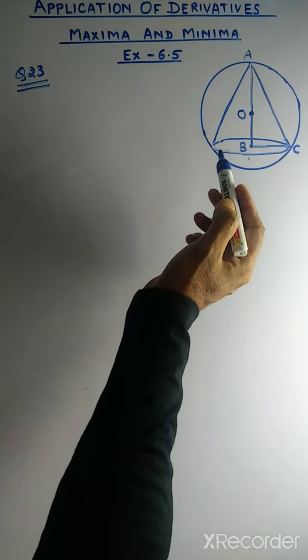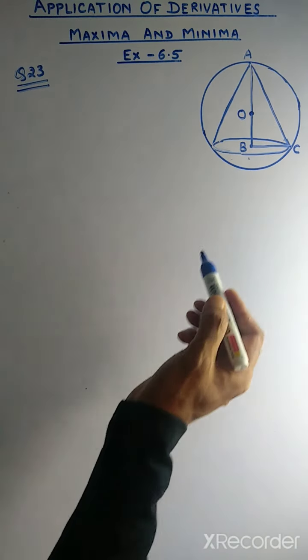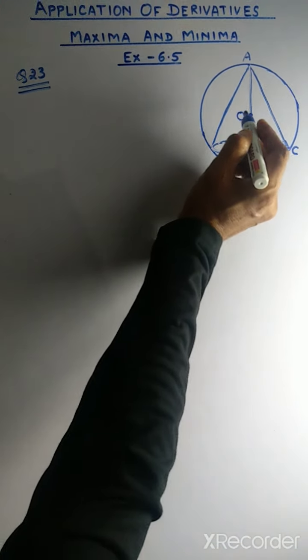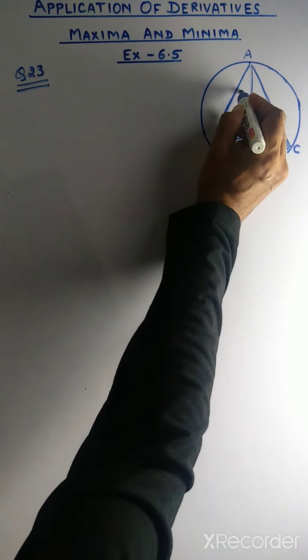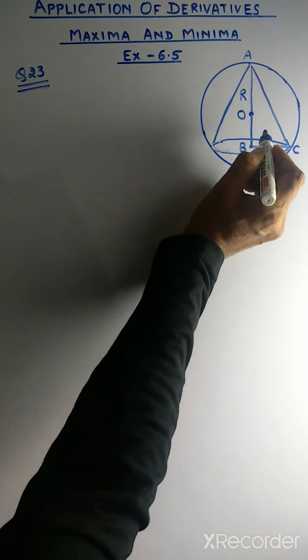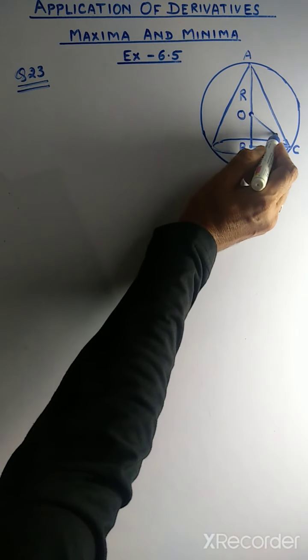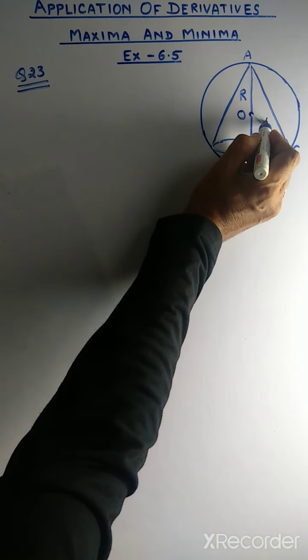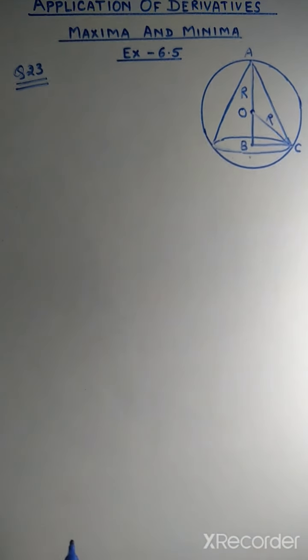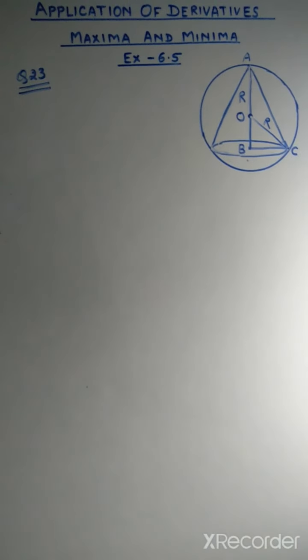A right circular cone is inscribed in a sphere of radius capital R. So OA equals capital R. If we join OC, it is also a radius of the sphere.